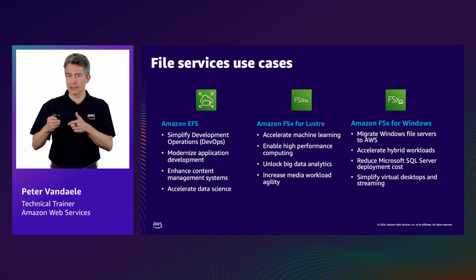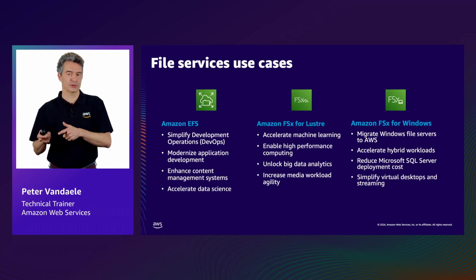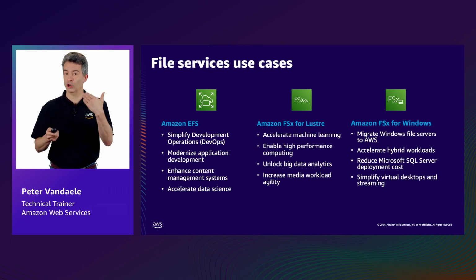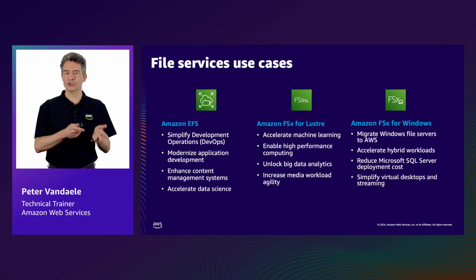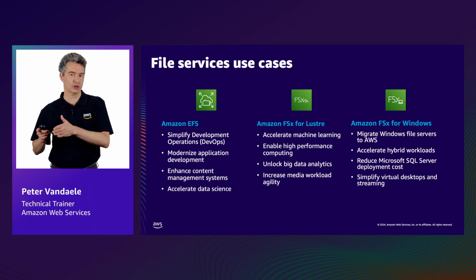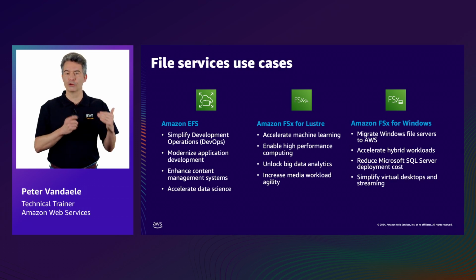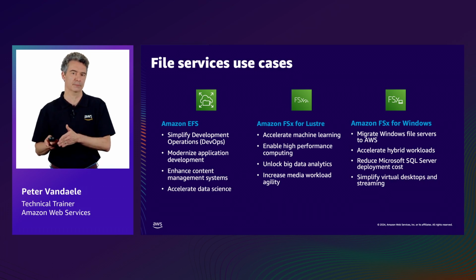Amazon FSx comes in various flavors, such as FSx for Lustre and FSx for Windows. Amazon FSx for Windows File Server provides a fully managed shared storage built on Microsoft Windows servers, backed by a fully native Windows file system.